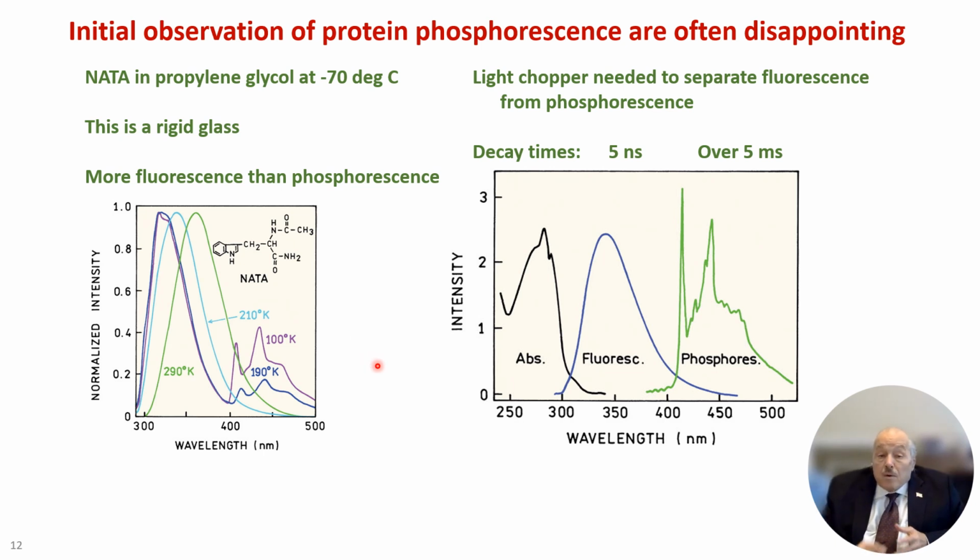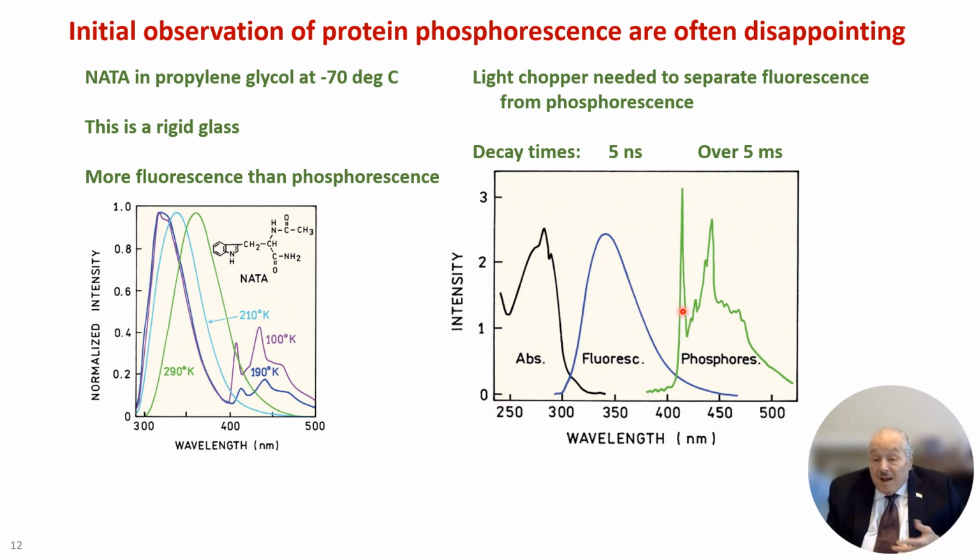If you ever go to measure protein phosphorescence or any phosphorescence, you'll be really quite disappointed the first time you do it. The first time you do such a measurement, you'll see something like this. You'll have your normal absorption spectra, and you'll see a fluorescence spectra, and you'll also see a phosphorescence spectra.